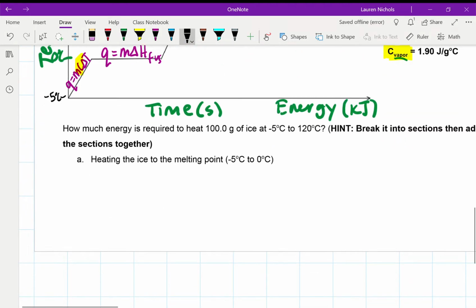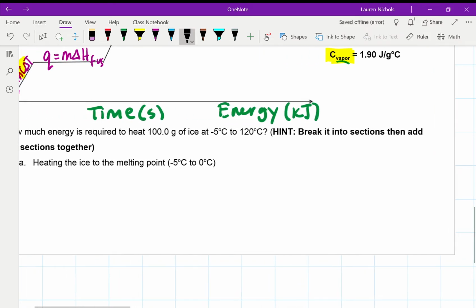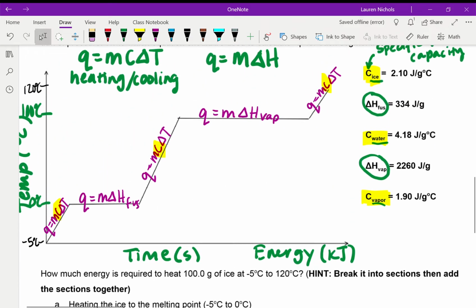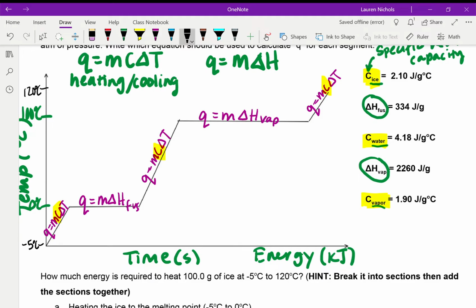And so I'm going to show you how to do that. What you do is you break the section, like solve for each of these segments, and then you add them all together.